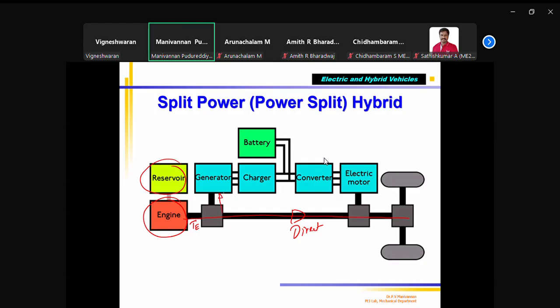Some part of the engine torque can be supplied to an electrical generator. The electrical generator will generate electrical power that will be connected to a charger, a charging circuit, because many times the electric generator will be an AC generator. Previously, you have DC as well as AC generators. There are two types of generators. Even now, AC generators are highly efficient compared to DC in terms of power losses and friction.